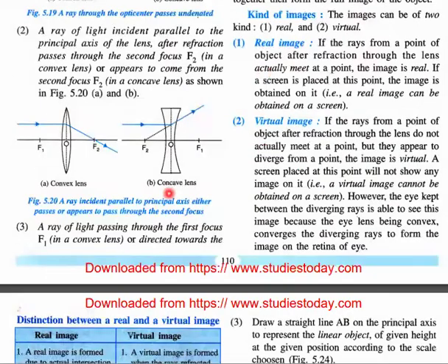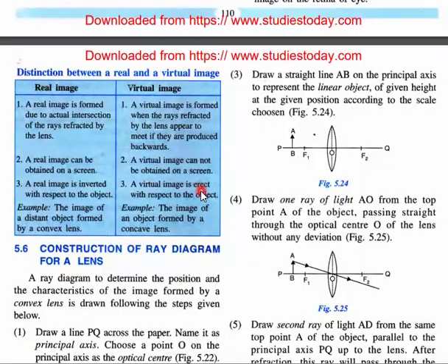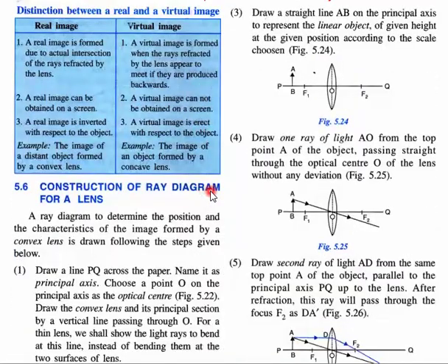Now come a little bit down, we have virtual image. What is virtual image? They appear to diverge from the point, therefore the image is virtual. Now comes the fun part, and before that we have the distinction between real and virtual image, that you just have to read again.